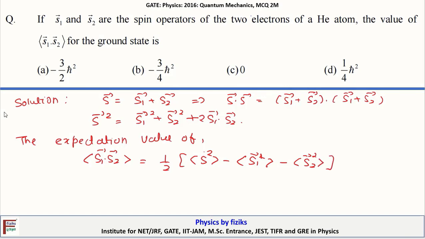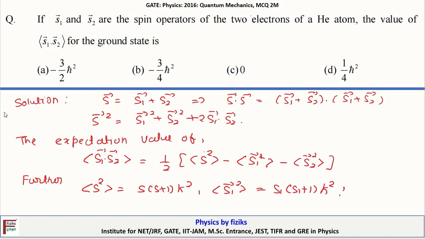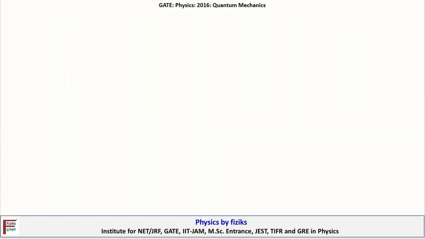Further, expectation value of S square is S into S plus 1 H cross square. Expectation value of S1 square is S1 into S1 plus 1 H cross square. Similarly, expectation value of S2 square is S2 into S2 plus 1. Also S1 equals S2 equals half. S can take value 0 and 1.